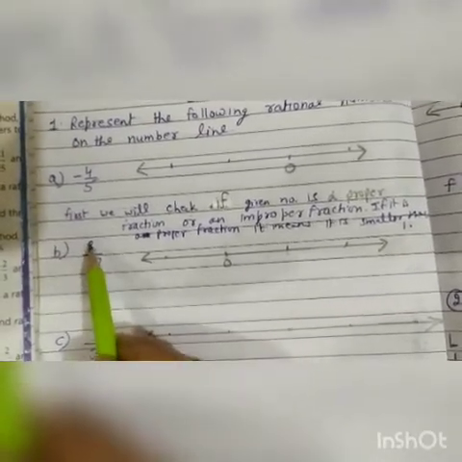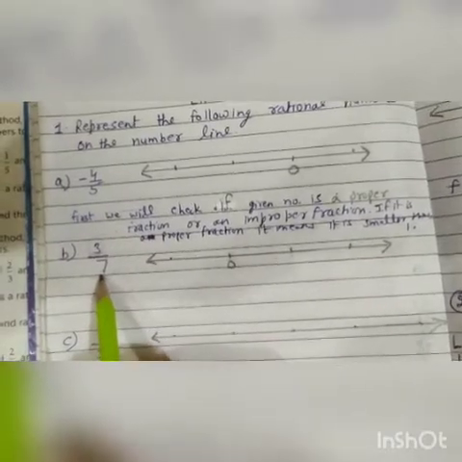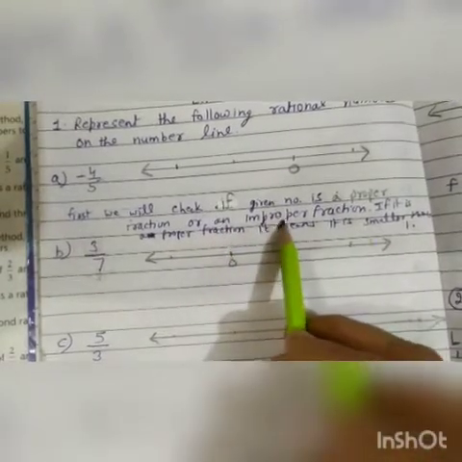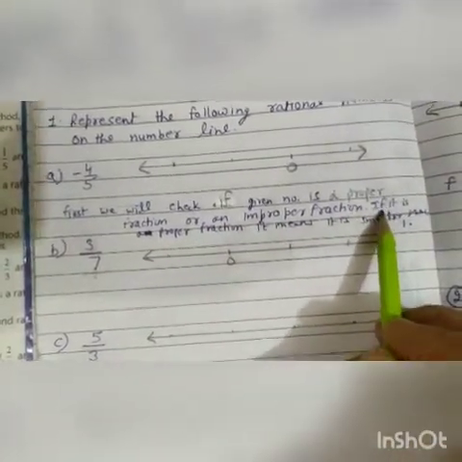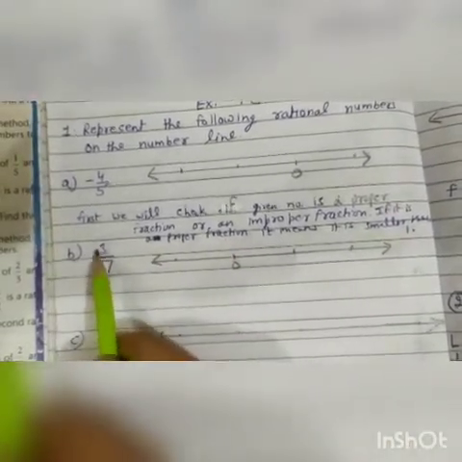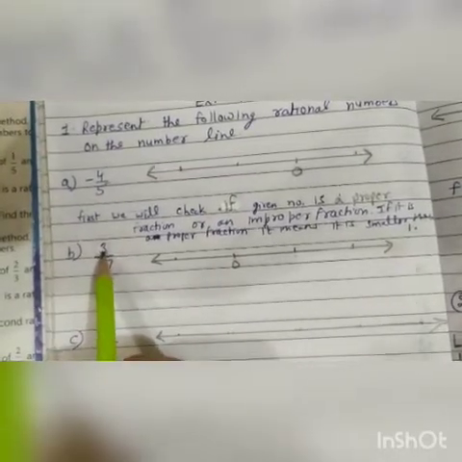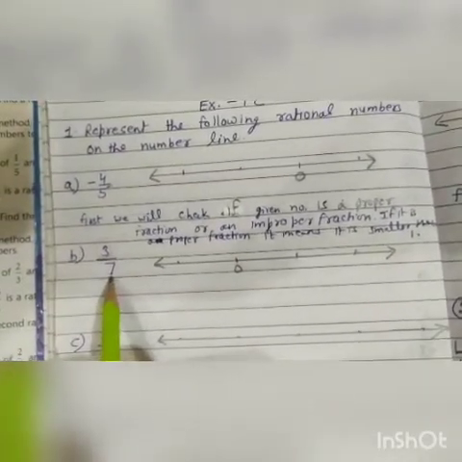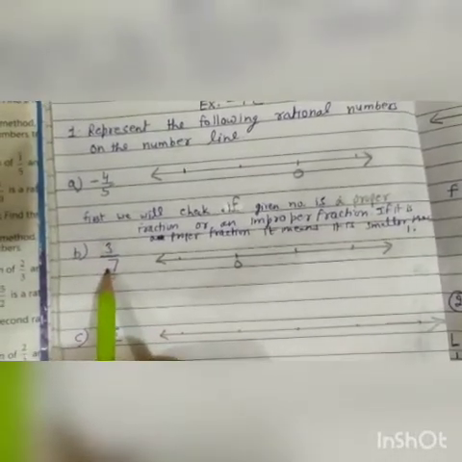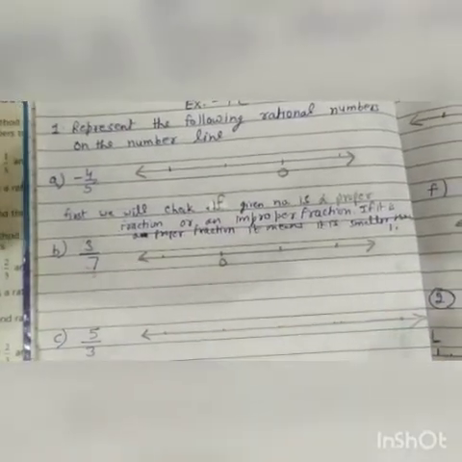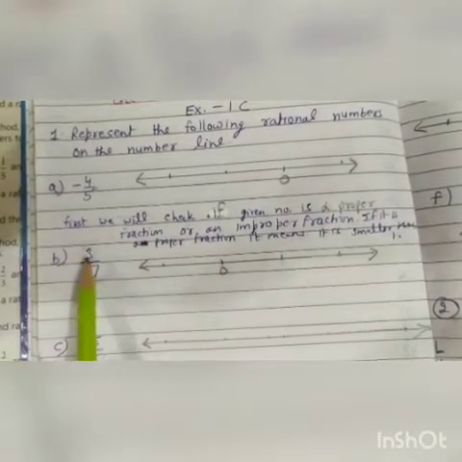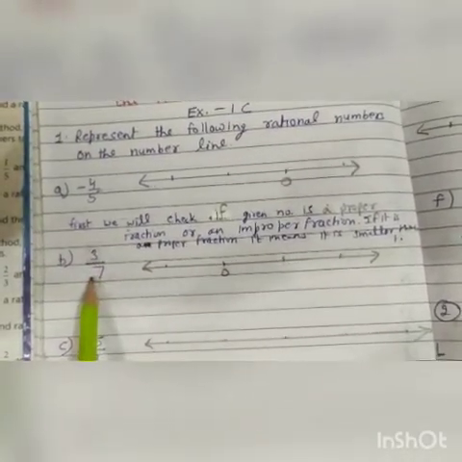If the numerator is greater than the denominator, then it will be an improper fraction. So if it is a proper fraction, it means the given rational number is smaller than 1.